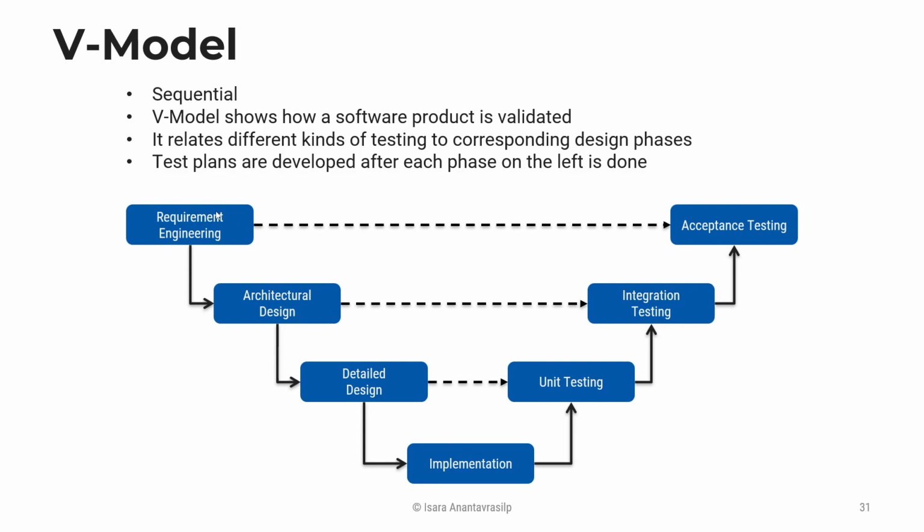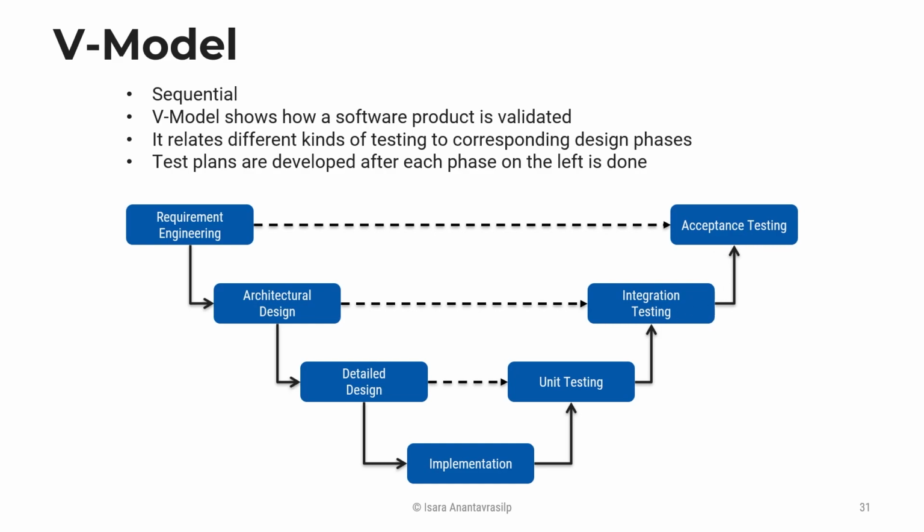The V model, even though it's shaped like a V, you still need to do it sequentially anyway. So step 1, 2, 3, 4, 5, 6, 7. All right. Maybe you're going to repeat this step a lot because you need to implement unit testing, but it corresponds to the detailed design. But anyway, after you finish this, you're going to go into testing and acceptance testing.